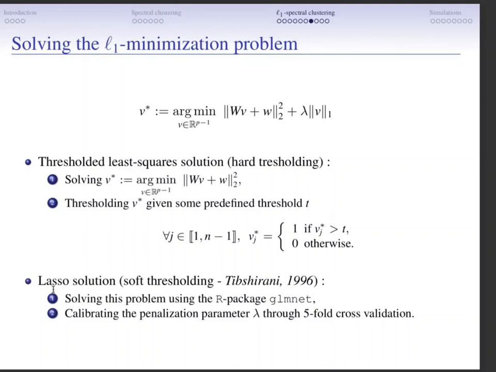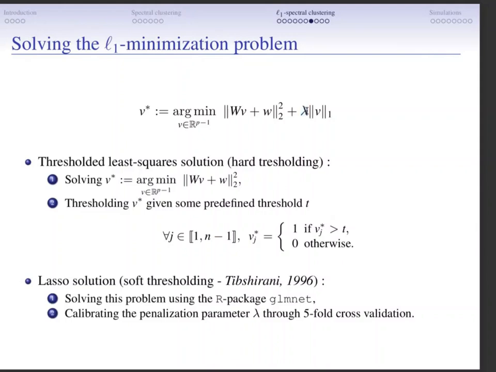The first one, I will begin by the second point. The first one is to use the Lasso algorithm from Tibshirani. So for example, you use the R package glmnet, and you will find the solution V star easily. Something very important is the calibration of the penalty, lambda.